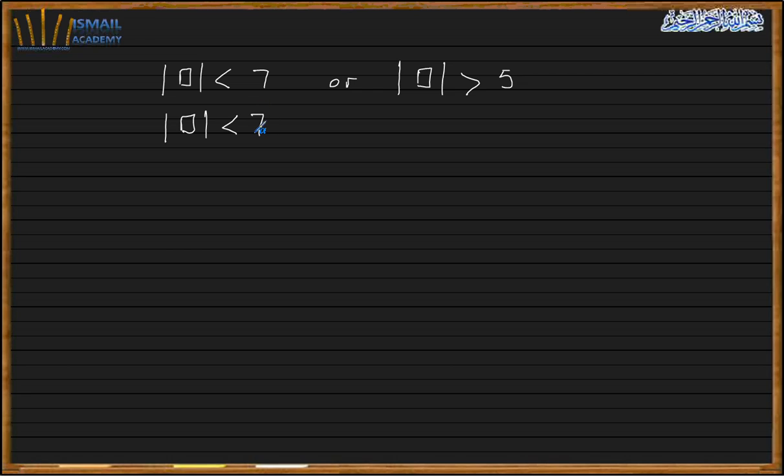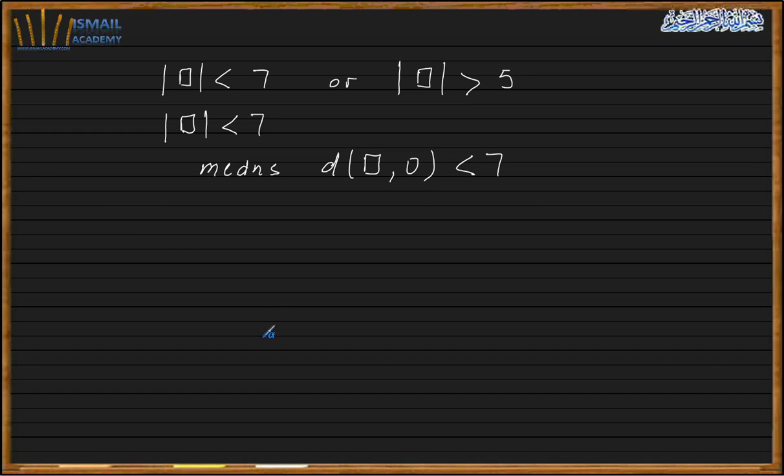If we translate absolute value in terms of distance, this means that the distance of that expression from 0 is less than 7. When we are talking about a distance less than 7 from 0, is it from the left or from the right?